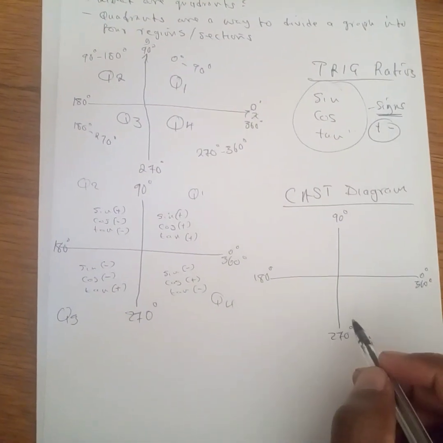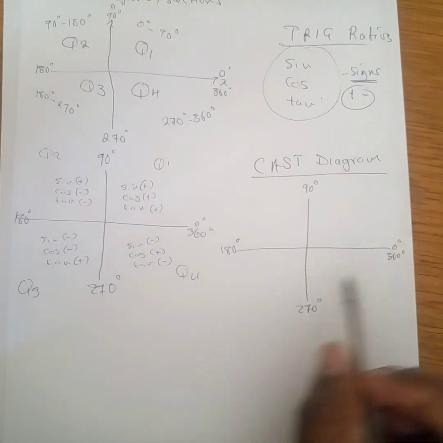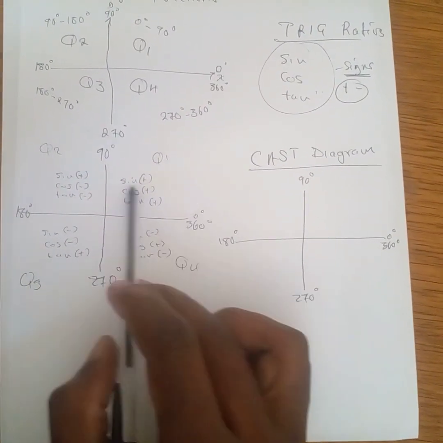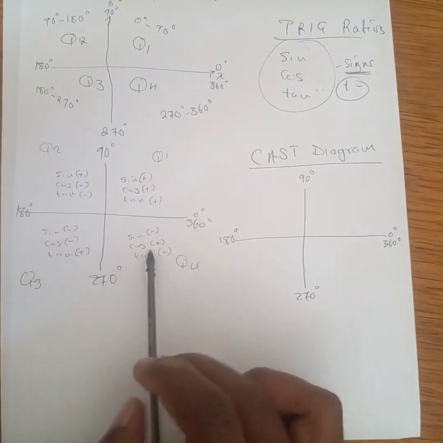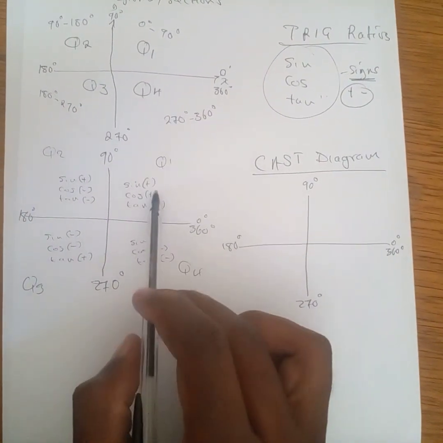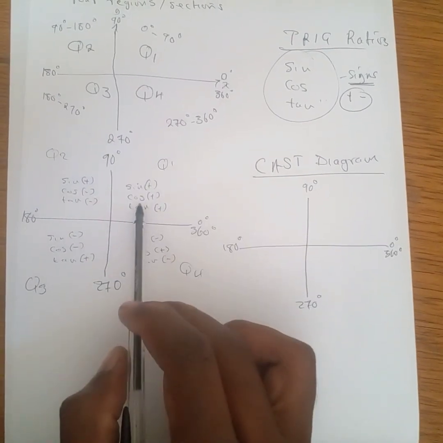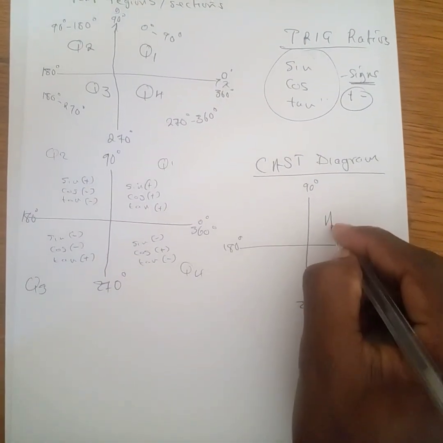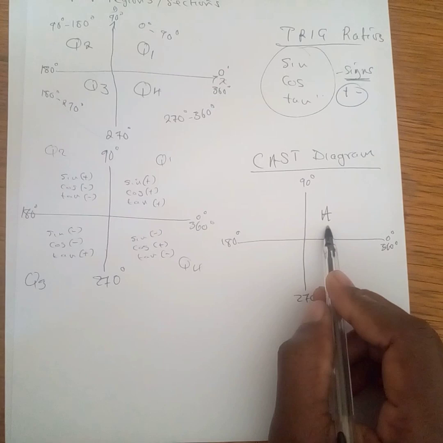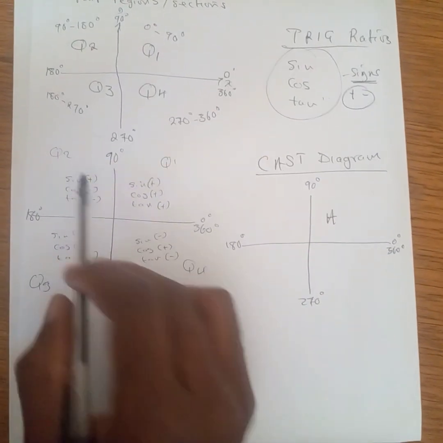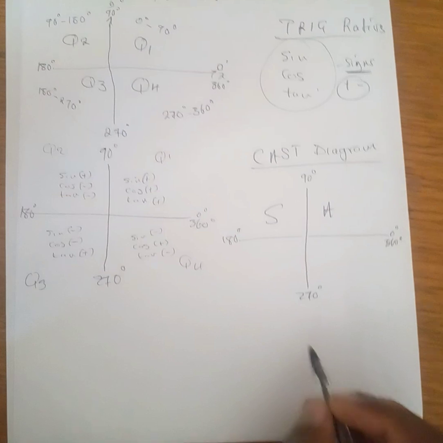So this cast diagram, it is called the cast diagram because we can identify the positive signs and negative signs in each quadrant. For example, in the first quadrant, what is positive? Which ratio is positive? All the ratios are positive. So we write A in the first quadrant. Then in the second quadrant, which ratio is positive? It is the sine. So we write capital letter S there.